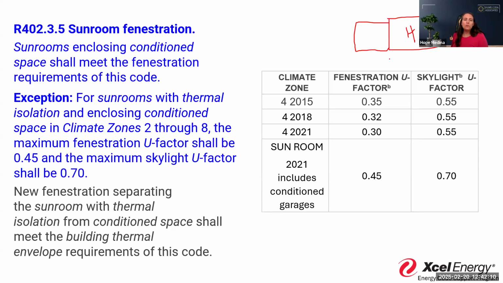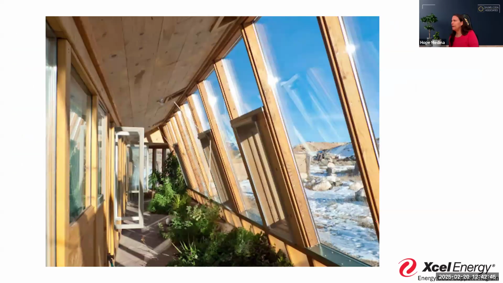Now, what it's saying is new fenestration that's separating the conditioned space here from here. So if we have windows located in this space, these windows would be required to comply with the 0.35, 0.32, 0.30. But if there's windows here, which there would be, because it's got to be 40%, windows in these locations would only have to meet that 0.45. I hope that makes sense.